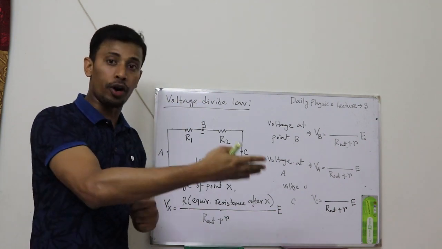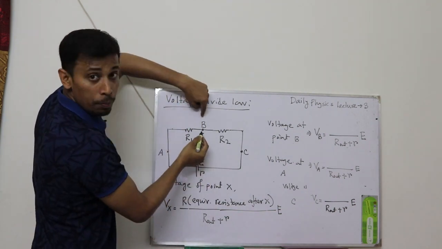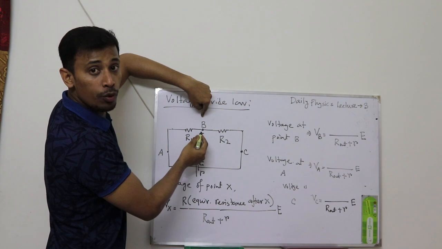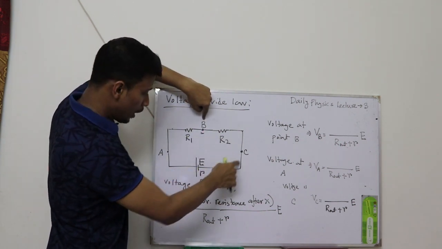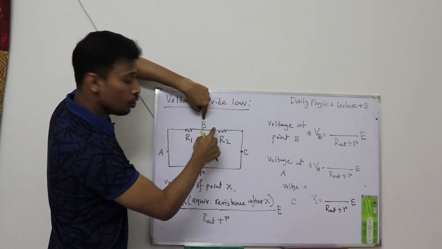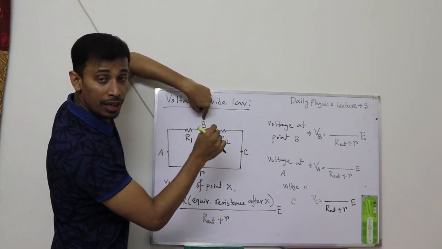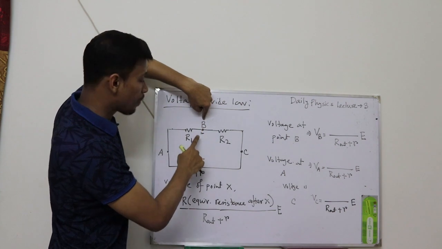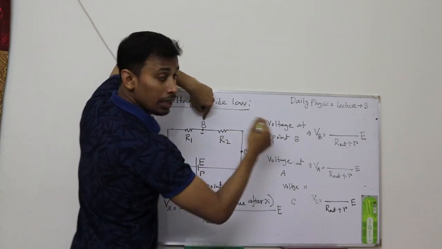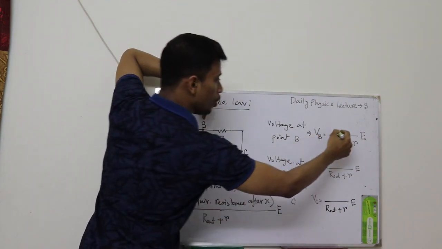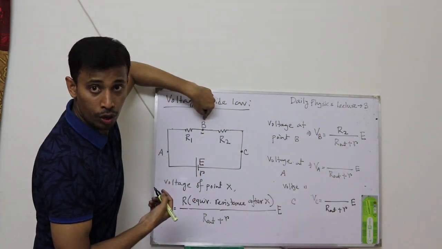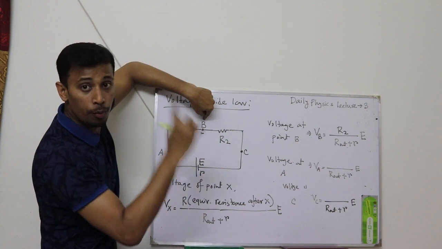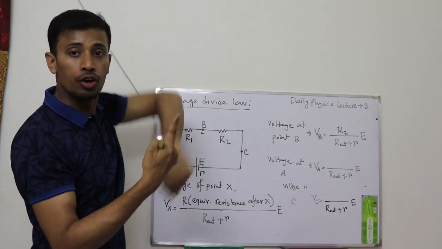Equivalent resistance after point B. After point B, how many resistances do we have? Only one resistance, R2. So the equivalent resistance after point B will be only R2.